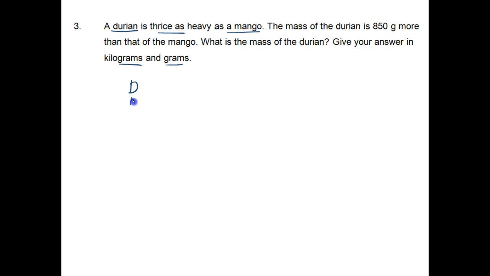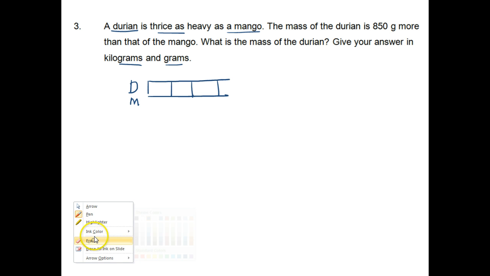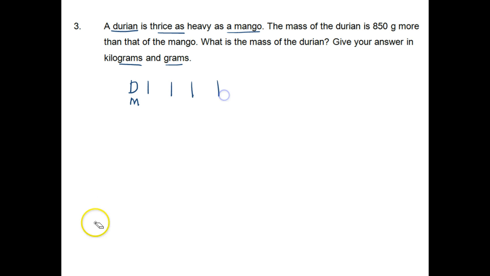So durian and mango. Durian is 3 units. Let me draw properly. Mango is 1 unit. The mass of the durian is 850 grams more than that of the mango. So I know this is more than mango, which is 850 grams.